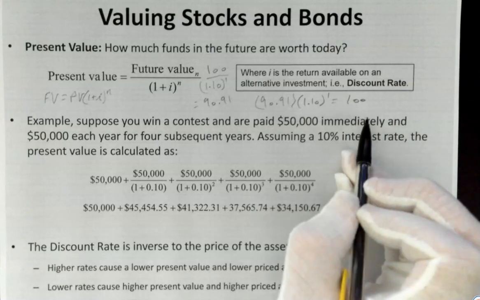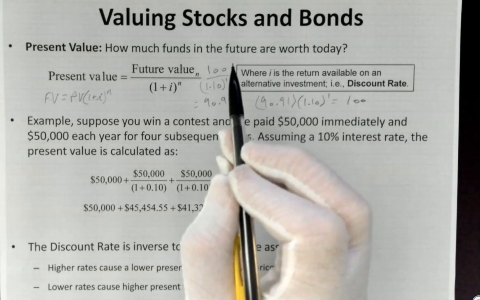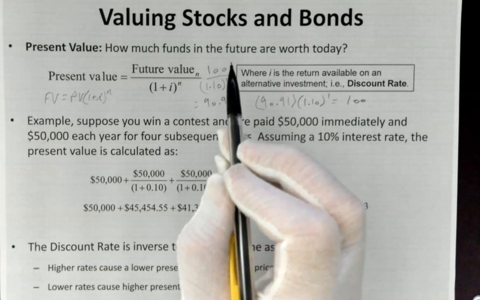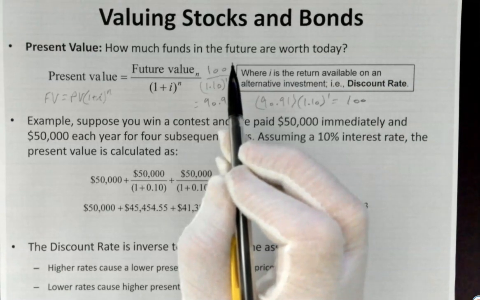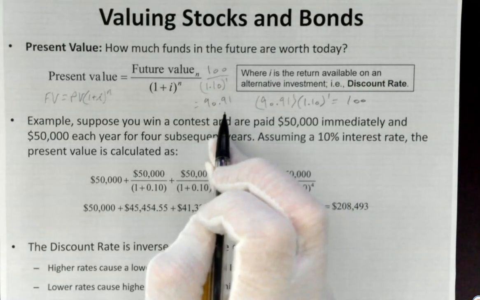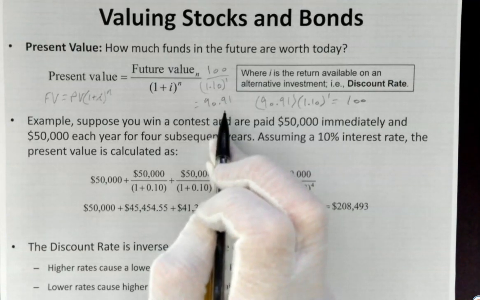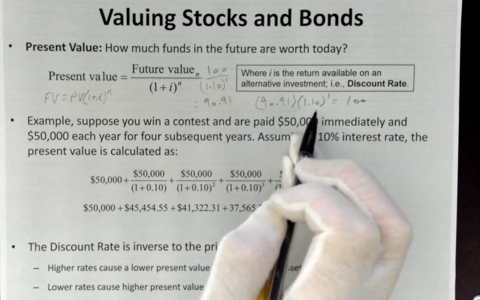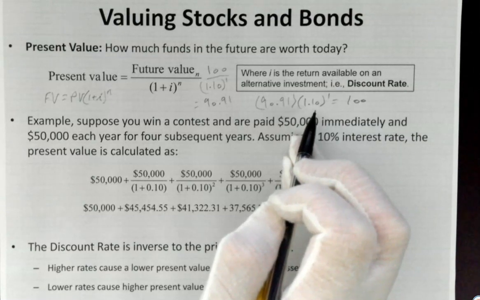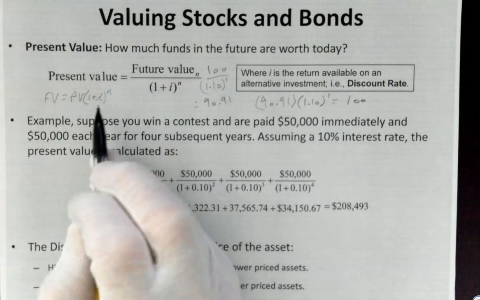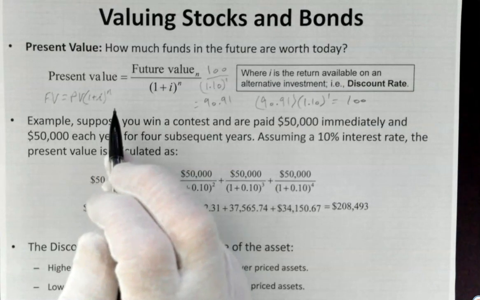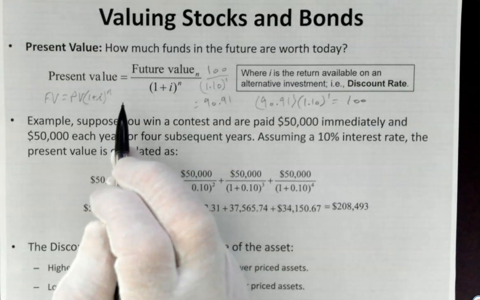So think about this. $100 a year from now, assuming a discount rate of 10%, is equivalent to $90.91. But that's the same as saying that $90.91 today is equal to $100 a year from now, assuming the discount rate is 10%. So these two formulas are a good way to understand the time value of money.